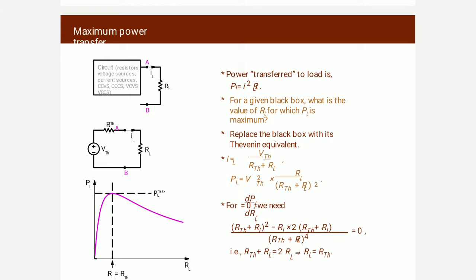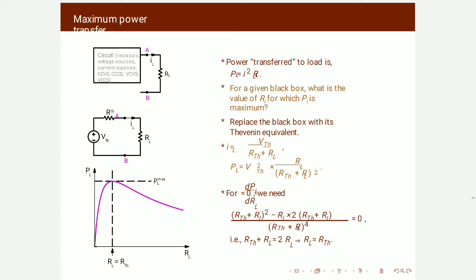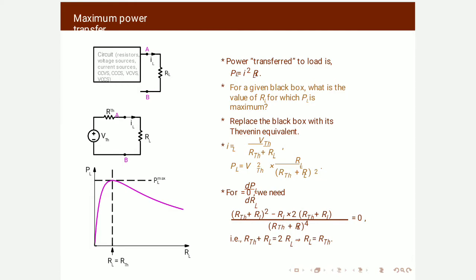The power transferred to the load, here in the circuit, is PL equal to I square into RL. So for a given black box, what is the value of RL for which PL is maximum? Here we replace the black box with its Thevenin's equivalent: VTH in series with RTH, and that is in series with RL.